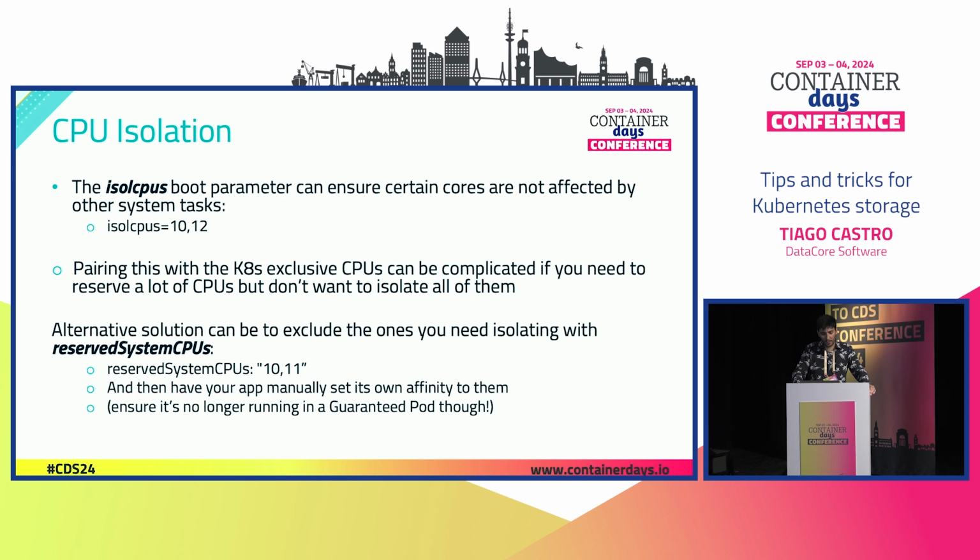An alternative solution can be to exclude the ones that need isolating with reserved system CPUs, so Kubernetes will not make use of them for your pods. And then you modify your applications to set their own affinity to those specific isolated cores.